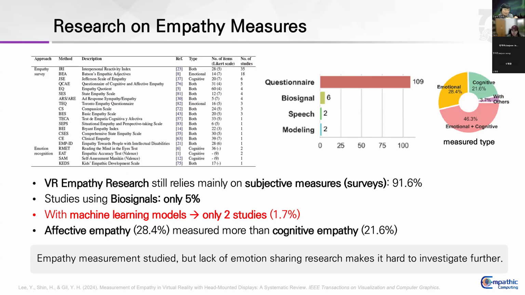But maybe 5 or 10 years later, we can start interacting with AI like interacting with a real person. That means we can replace human interaction with AI interaction.